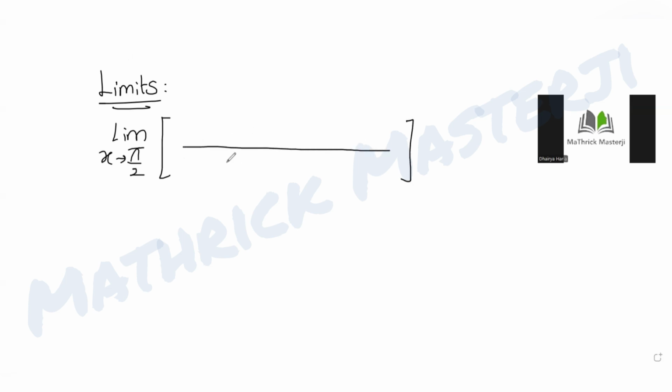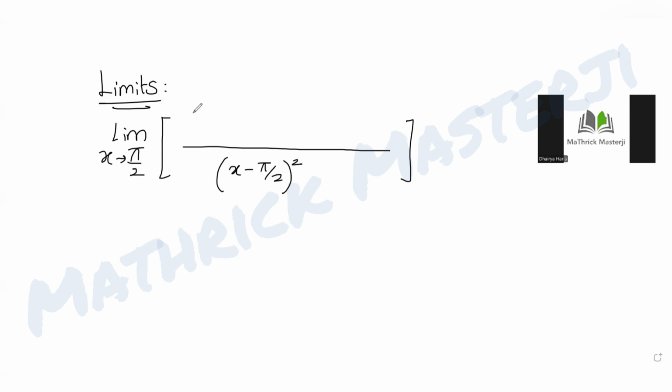Let's see today's question. Today's question we are taking up from the topic of limits. The question tells us to find the value of a limit where x tends to pi over 2. The denominator is (x minus pi over 2) the whole squared.